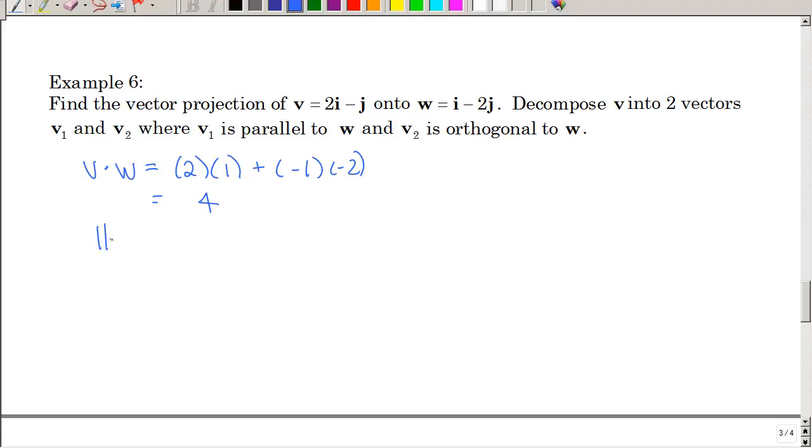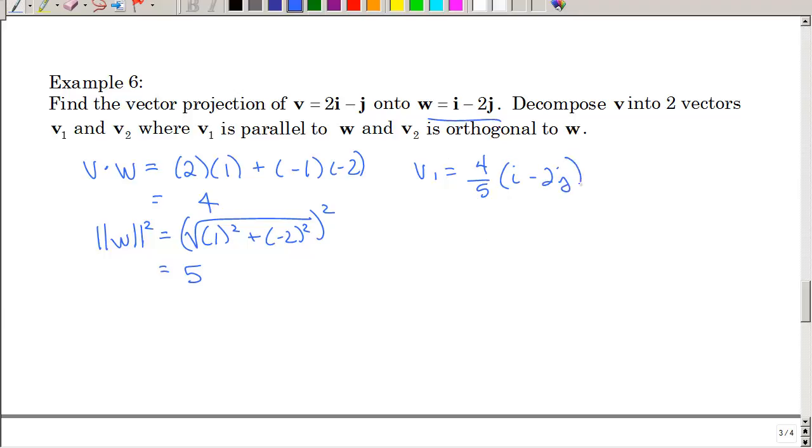I need to know the magnitude of w squared. So v1, those two numbers divided, multiplied by the vector w. So that's just going to be 4/5 i minus 8/5 j.